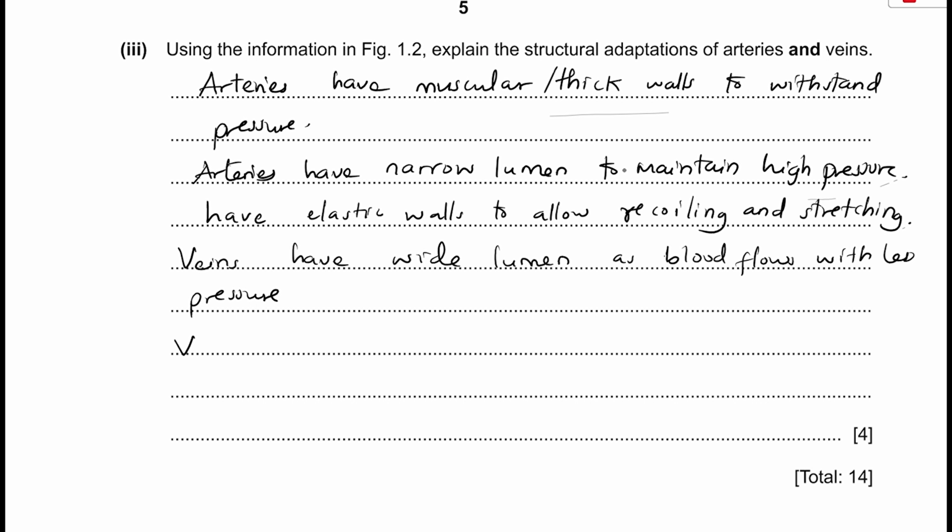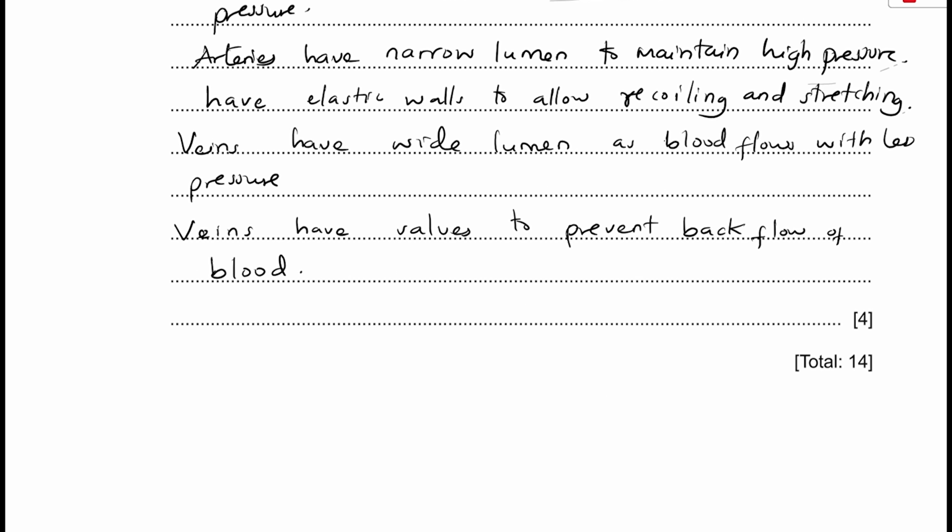They have valves to prevent backflow of blood. So these are the structural adaptations that we find in arteries and veins, and they bring about the functions of these parts.